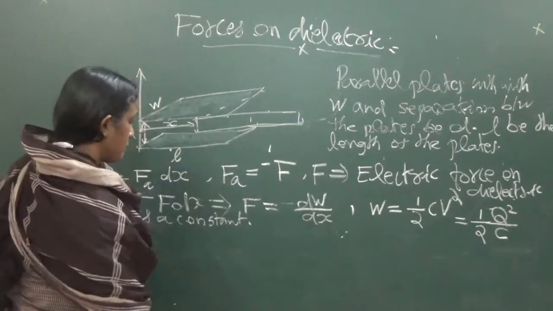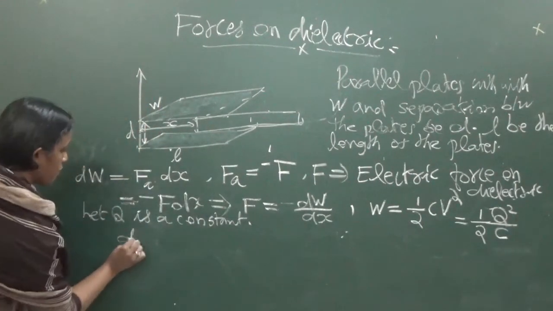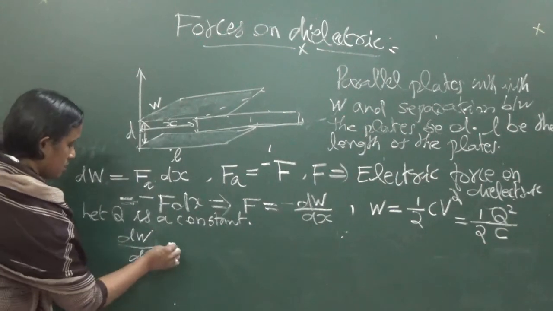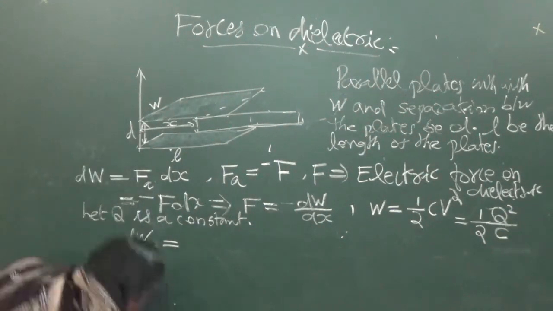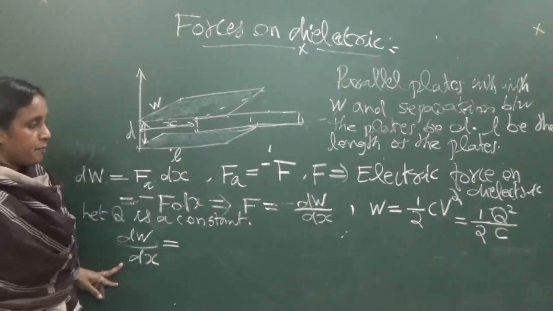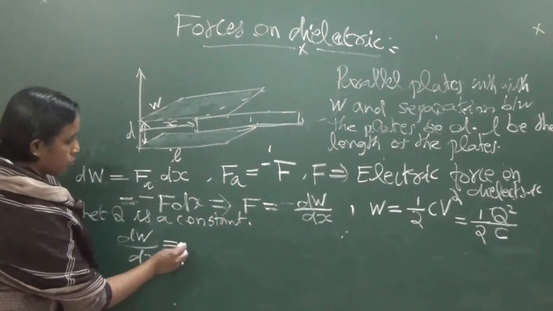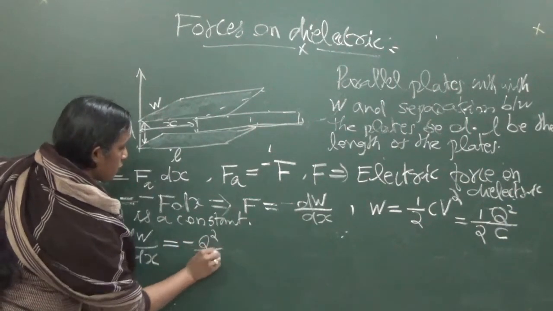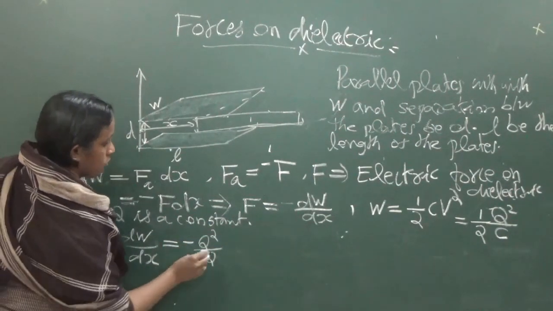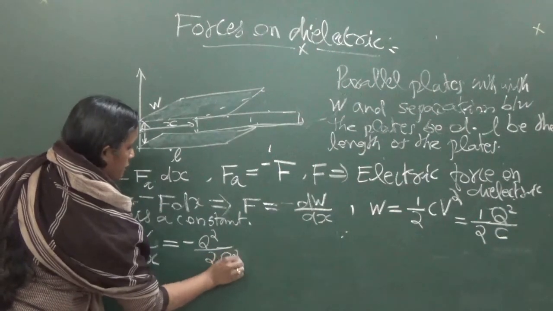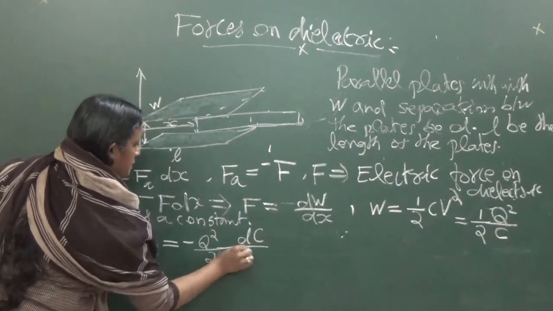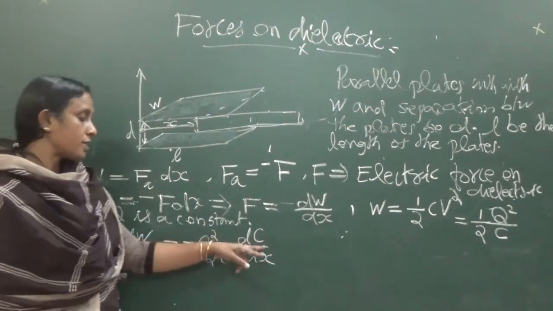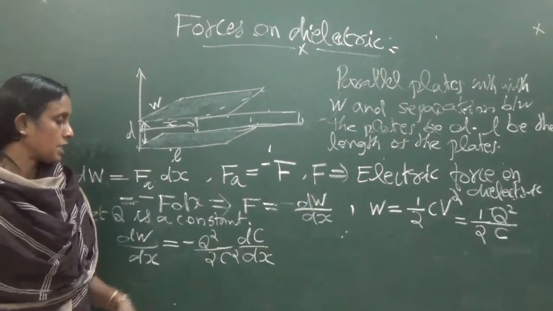Then what happens? dW by dx is equal to minus Q squared by 2 into C squared dC by dx. Here we treat Q as a constant.